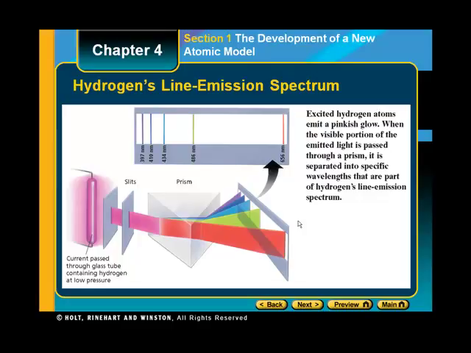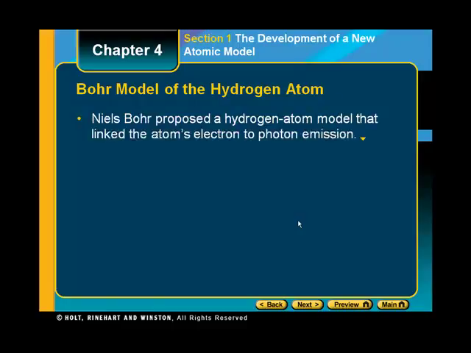Based on this evidence, the Bohr model was born. And what Niels Bohr said was that since these emission spectra are the same every time, that must mean that the electrons are probably in specific places every time.